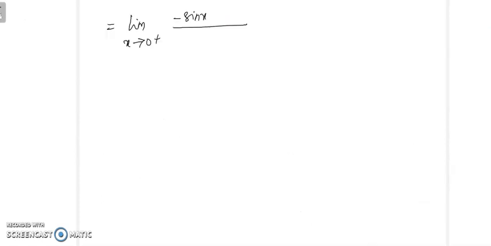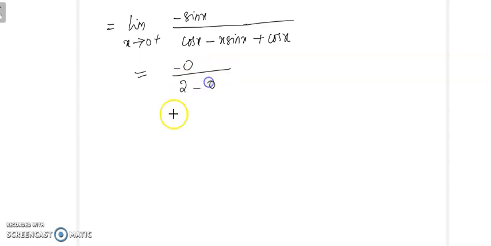So that will be cos x minus x sin x plus cos x. So that will be equal to, when you apply the limit you will get minus 0 by 2 minus 0. So the value is going to be equal to 0. So that is the value of the limit.